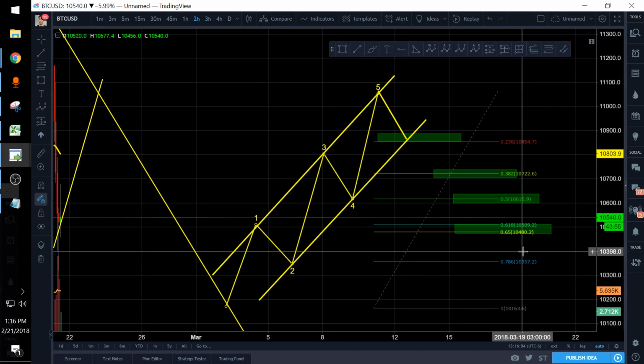So these are Fibonacci numbers, or ratios, that are found everywhere in the universe. It's a beautiful thing, guys. It's found everywhere in nature, in the entire universe.